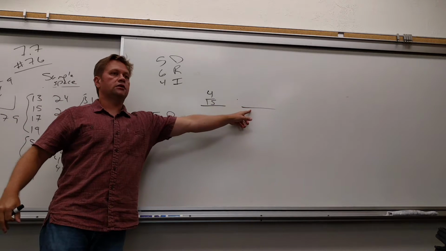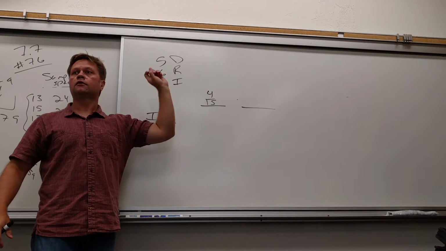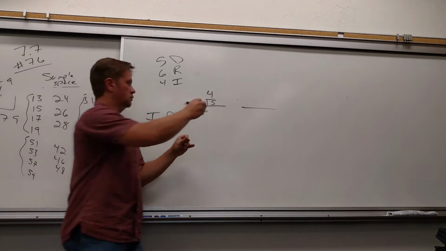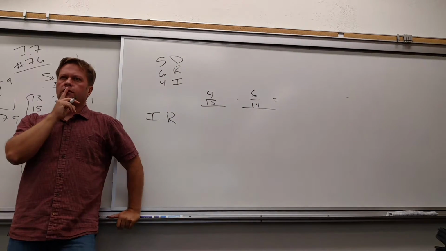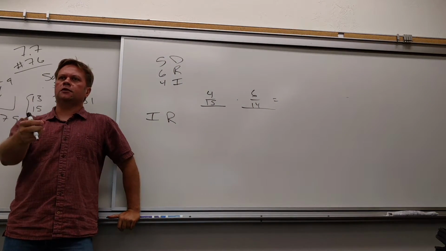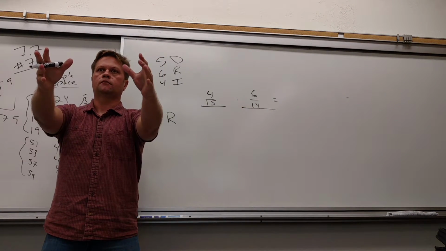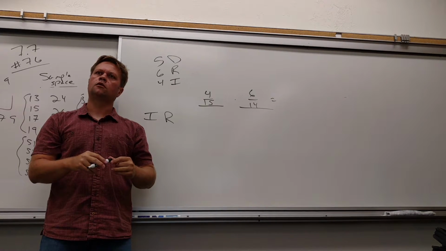What's the probability the next person is a Republican? 6 out of 14, because now there's one less person and I just pick somebody. Do you see that? If I had done it with replacement, then it would have still been 6 out of 15 here because I would have put that first person back in.